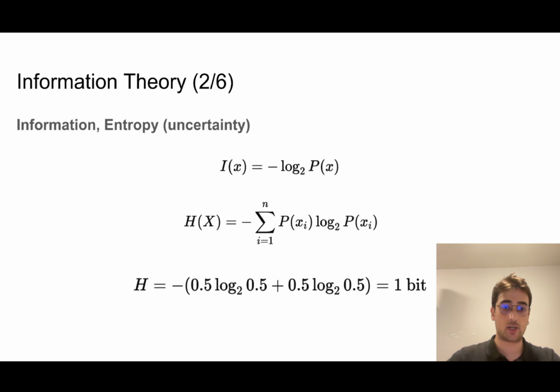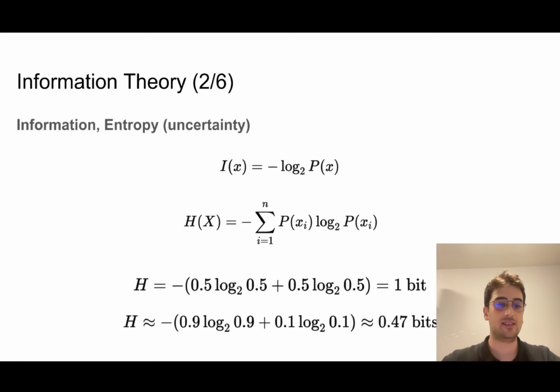Nothing really crazy, right? But let's say the penny is not a usual penny and it's slightly different, and the probability of it coming up as tails is 0.9, let's say, and the head is 0.1. So even though this event had a 10% chance, if it occurred, it would give me a lot of information.